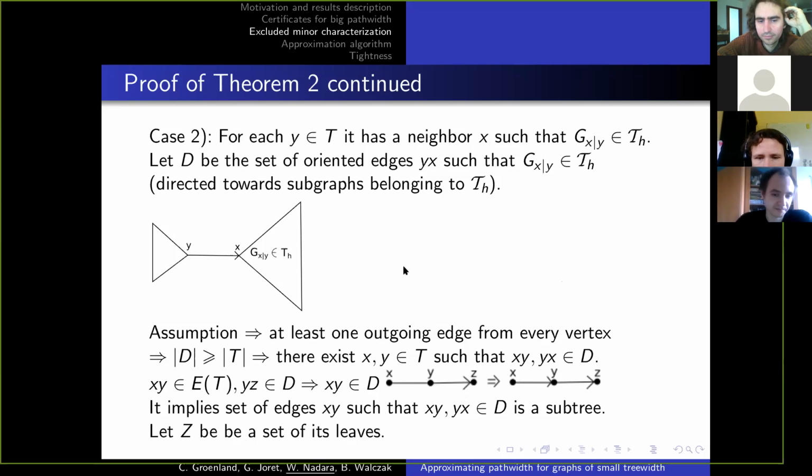In particular, it implies that the set of edges that are directed in both ways is connected. So we know that this set is not empty and it's connected. Let's say it's a subtree of our original tree decomposition, and we want to consider the set of its leaves that will be called Z.